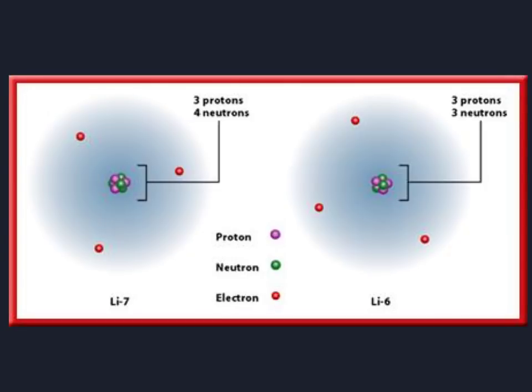You've seen this picture before. These are 2 isotopes of lithium: lithium-7 and lithium-6. Remember, the 7 and the 6 represent our mass number. Mass number is equal to protons plus neutrons. All lithium atoms have 3 protons, and we can see that up here.